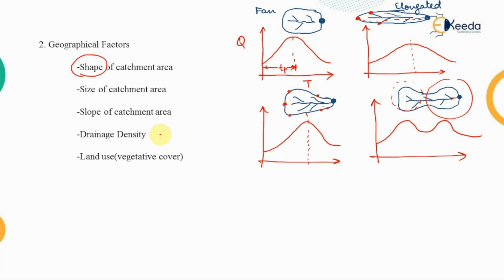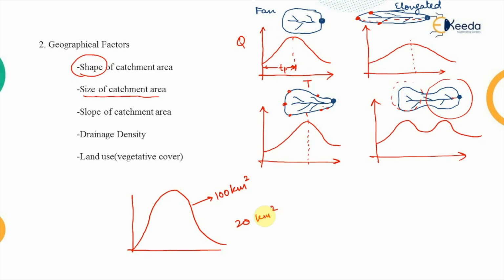The next factor is the size of the catchment area. If the size of the catchment area is bigger, then obviously the peak we will get will be at a higher discharge. For example, let's say this is the hydrograph we obtain for a catchment area of 100 square kilometer, and corresponding to this, if we have an area of 20 square kilometer, the curve we will get will be somewhat like this or even below this.